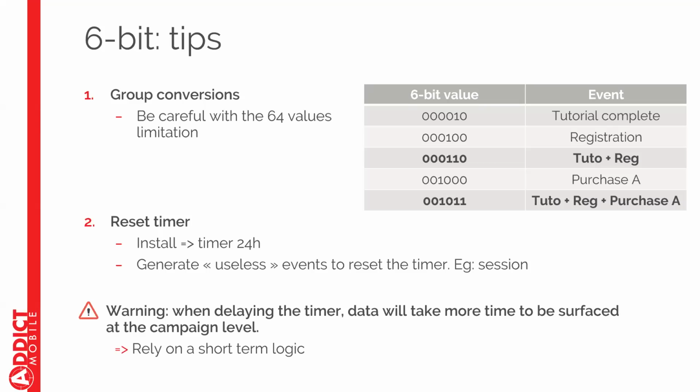So it's a very risky strategy. We really advise working on short-term logic. But if your business needs that strategy, you can keep it in mind to make sure that you get more relevant data on the event that matters to you.